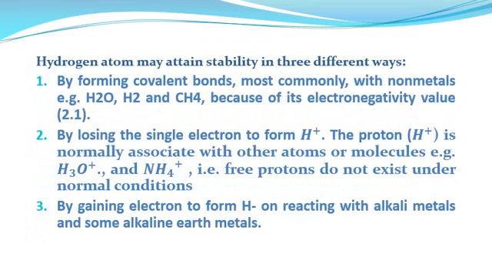Hydrogen atoms may attain stability in 3 different ways: by forming covalent bonds, by losing the single electron, or by gaining an electron to form the hydride ion, H-, on reacting with alkali metals and some alkaline earth metals.